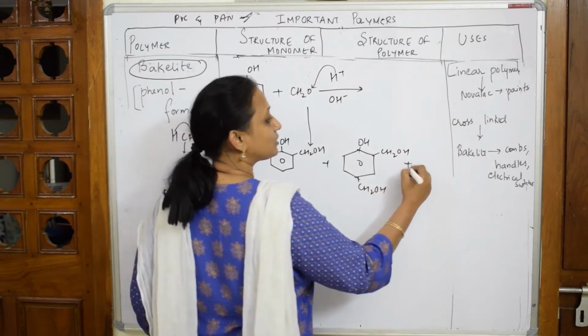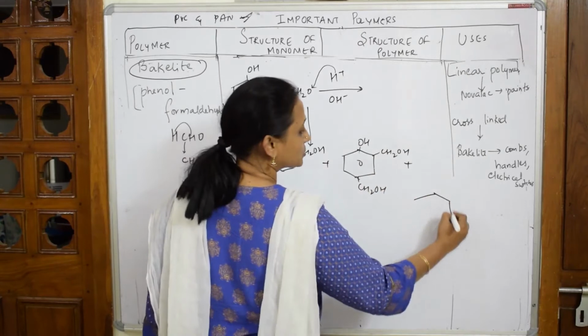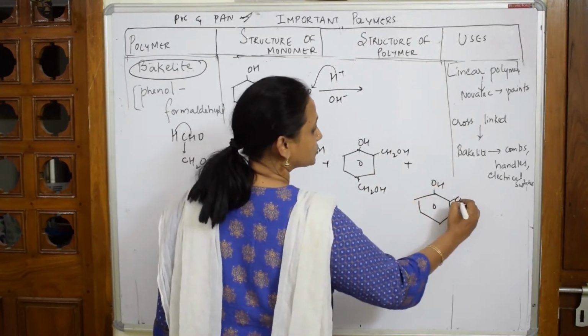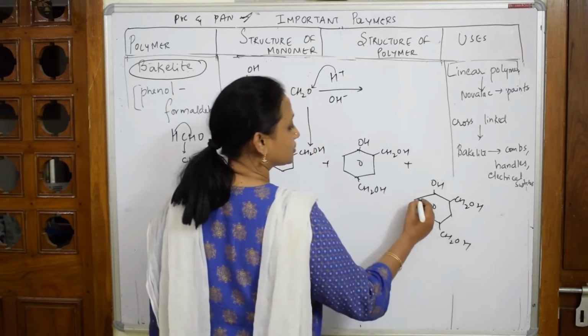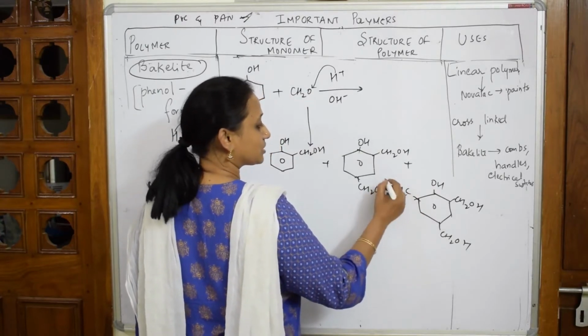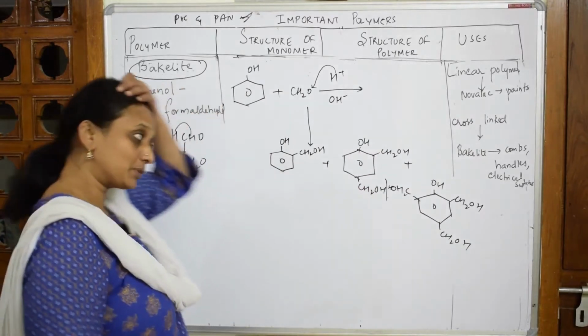I'll also be getting one more product, that is ortho, para, again ortho. 3 products together, OH, CH2OH, CH2OH and CH2OH. Done. Please don't get confused, all the 3 are ortho and para compounds.